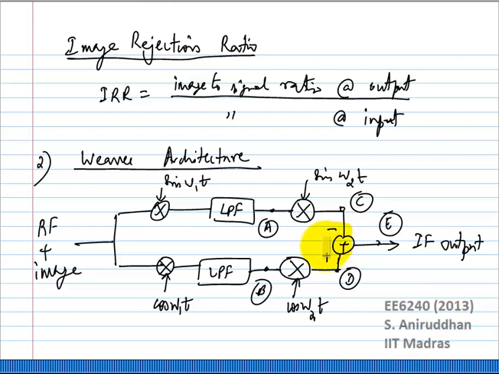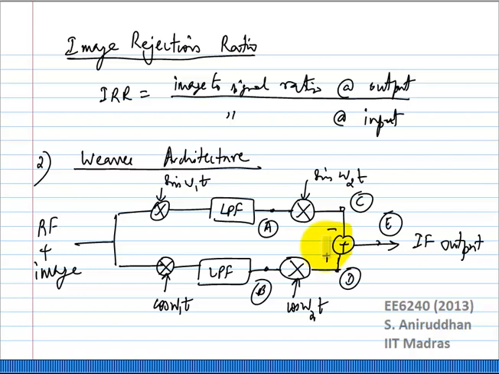But you will again find that at the output the image gets cancelled, whereas the RF signal does not. But more importantly, because you are using mixing operation instead of some kind of phase shift operation, this can be more broadband compared to the original scheme. Obviously the amplitude and phase mismatches will still exist.